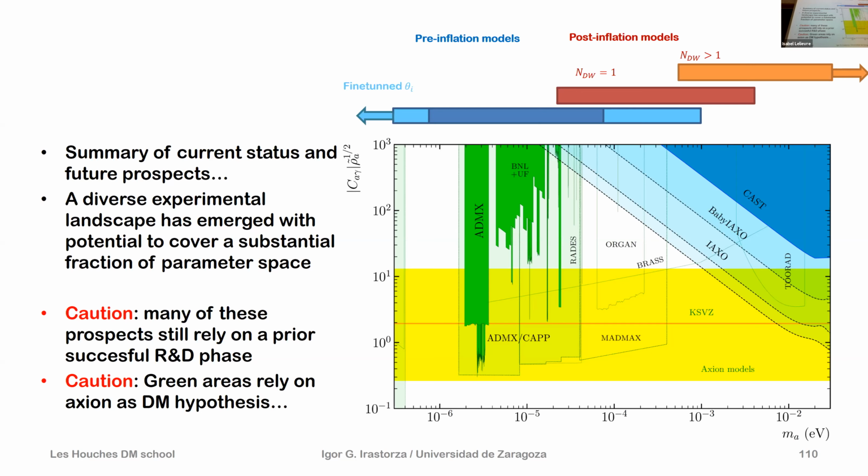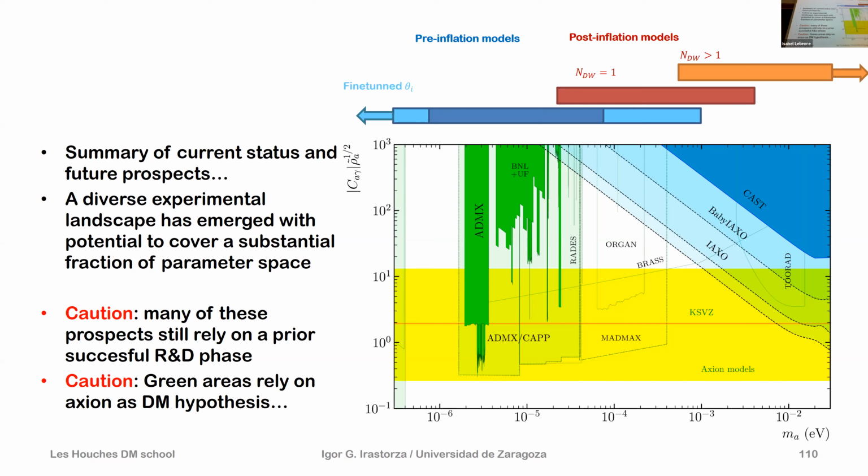In green are all these haloscopes and experiments looking for dark matter axions that have produced exclusion limits, exclusion regions, with ADMX leading the race at very low masses. But new players here, for the moment, have explored very thin mass regions. And much more to the right, we have helioscopes that I will talk about now.